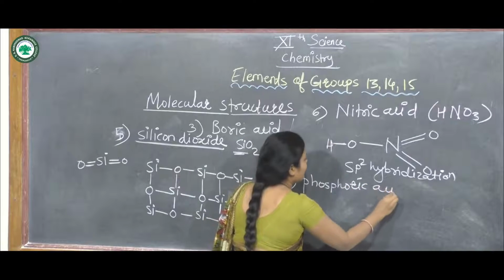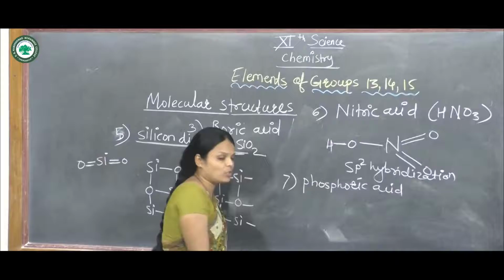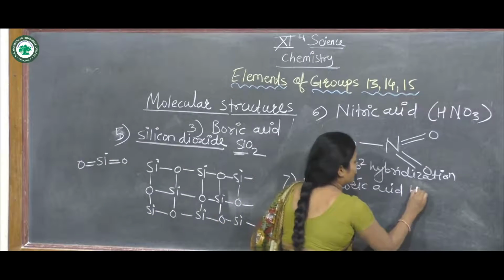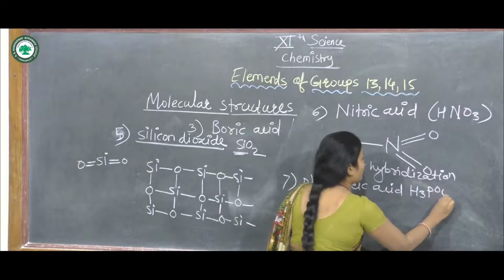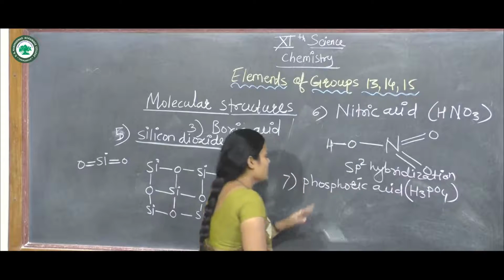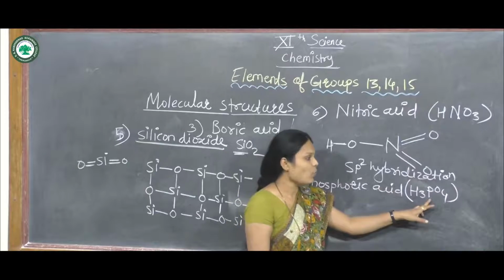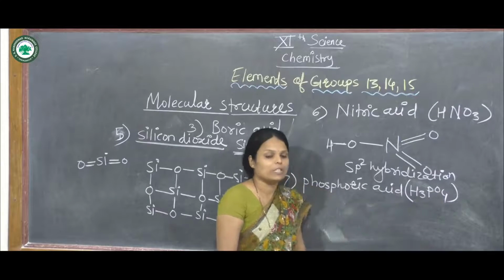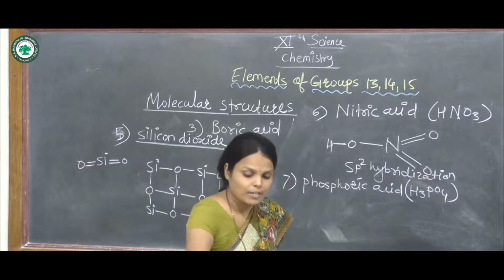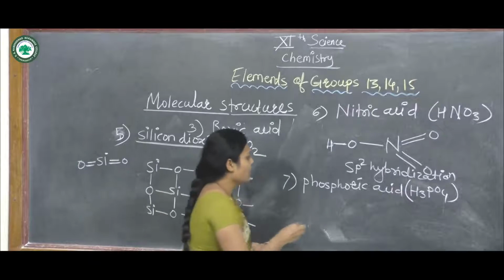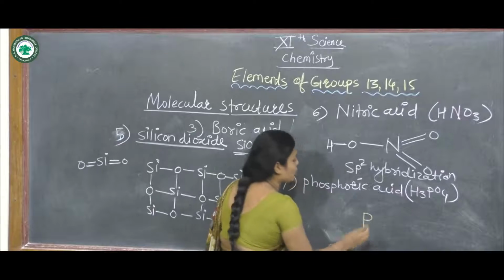This is also an acid, and its formula is H3PO4. H3PO4 means phosphoric acid, which has 3 hydrogen atoms, 1 phosphorus atom and 4 oxygen atoms. Now in the structure the central atom is phosphorus. Here we can write the phosphorus.